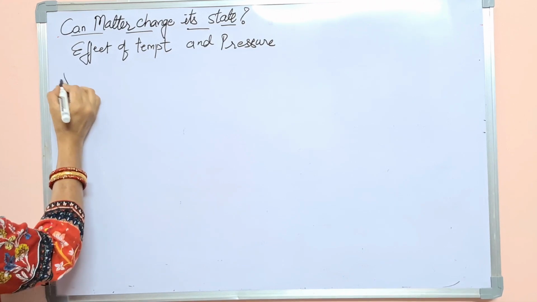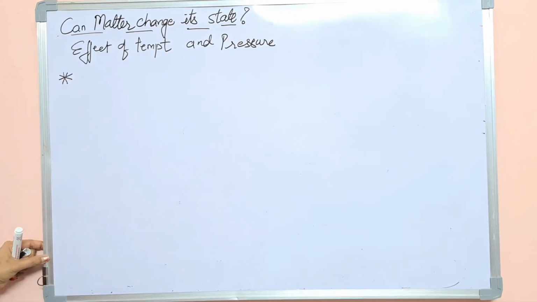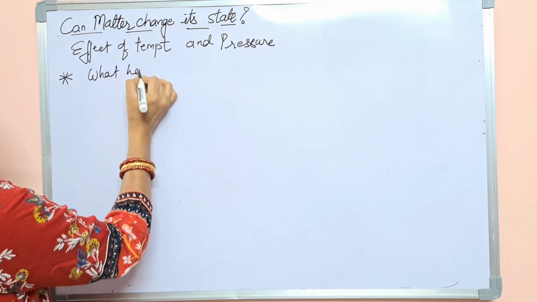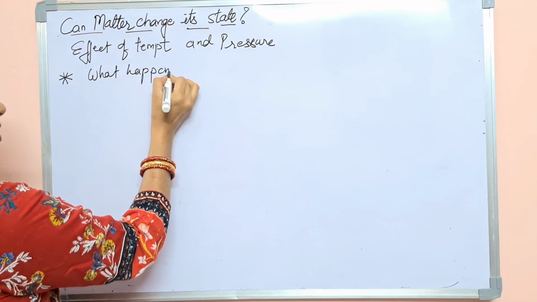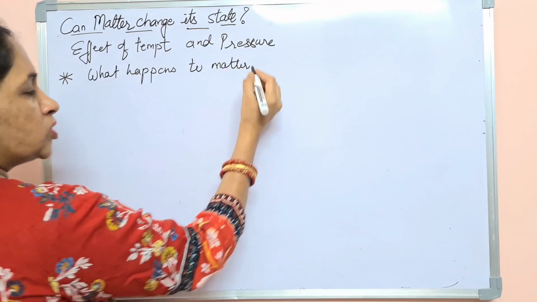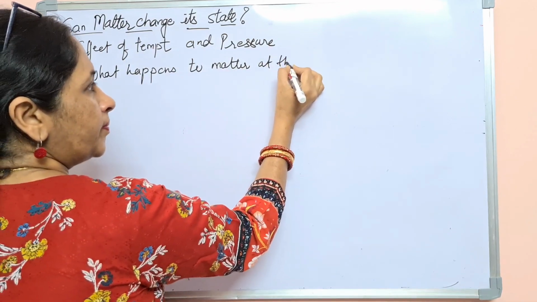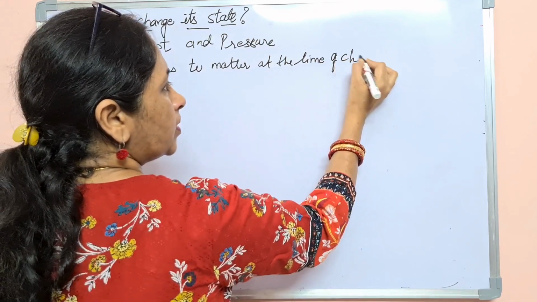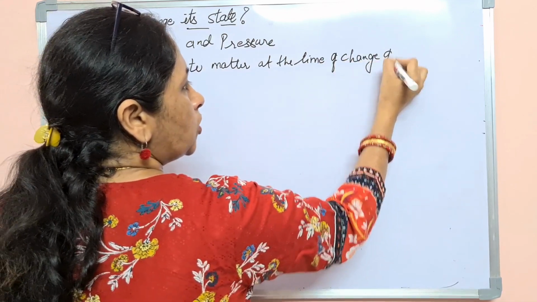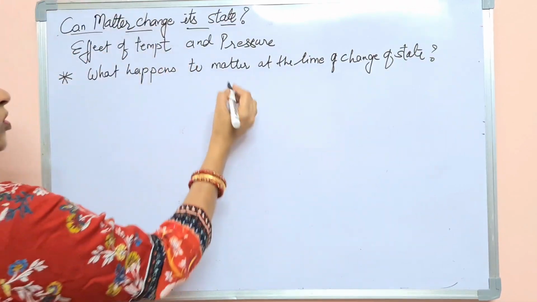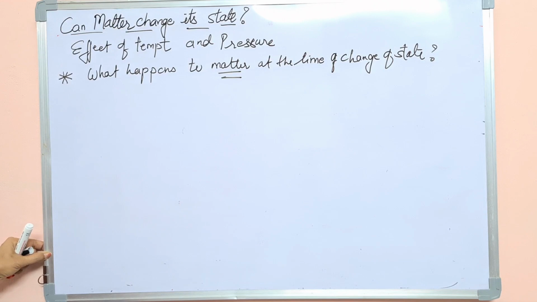So when any matter changes state, the question comes: what happens to the matter at the time of change of state? कि जब उसका स्टेट चेंज होता है तो उस मैटर को होता क्या है एक्चुअली में.